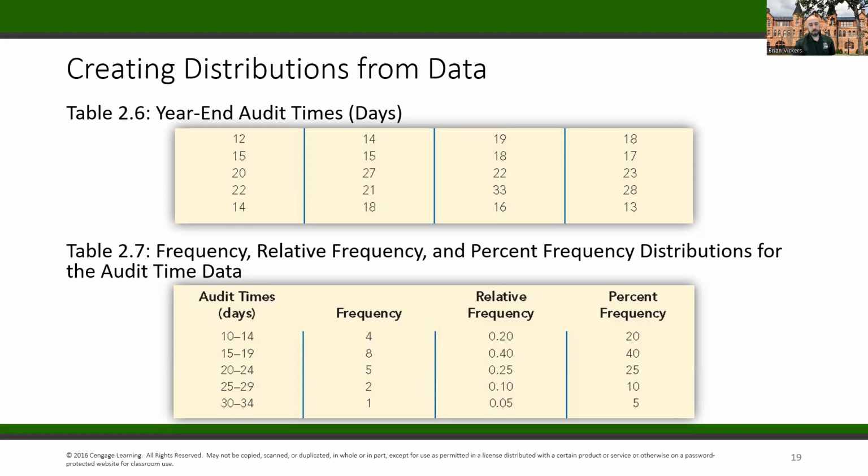From here, we add up that there were 20 total. So 4 out of 20 is 20%. 8 out of 20 is 40%. And we can see the percentage that falls into those bins. That gives us maybe a better estimate of the expected amount of time it would take. There's only one time where it went 30 days or longer to complete the audit, so we wouldn't probably schedule for 30 days.